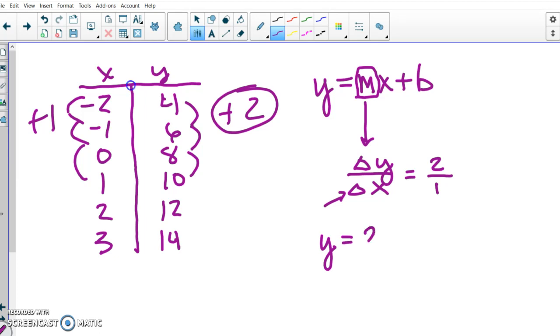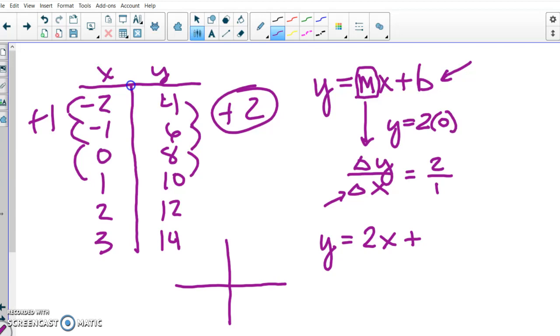So we could write y equals 2x. And if we thought about it hard enough, where does a line pass through the y-axis, which is what that b value indicates? It says, I am the y-intercept. So when we're making these functions from a table of values, if x were 0, y equals, our slope is 2, 2 times 0, we let x equal 0, and what do we have?